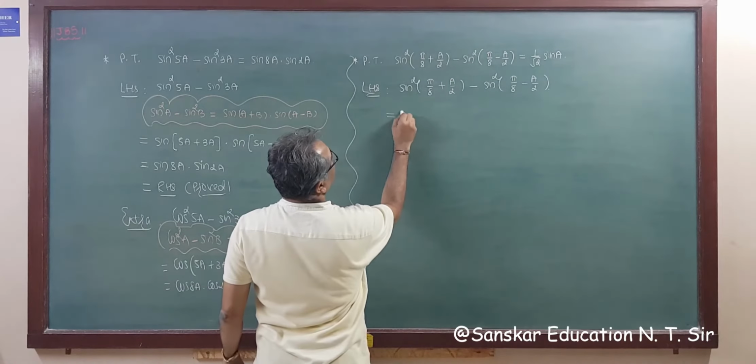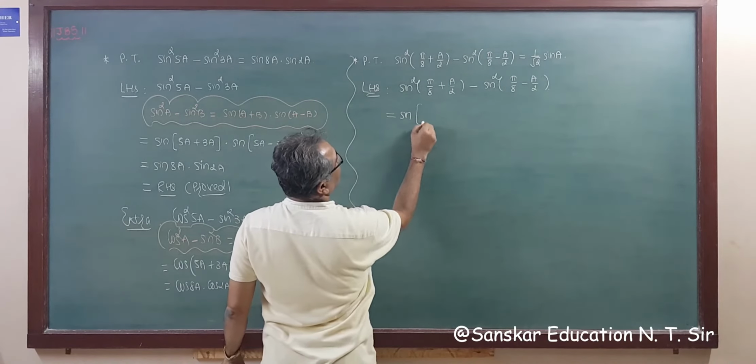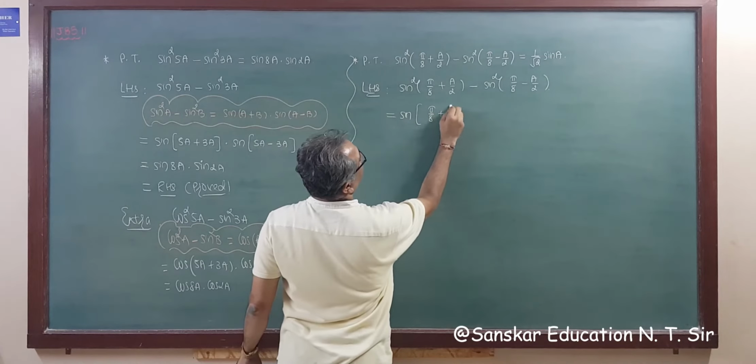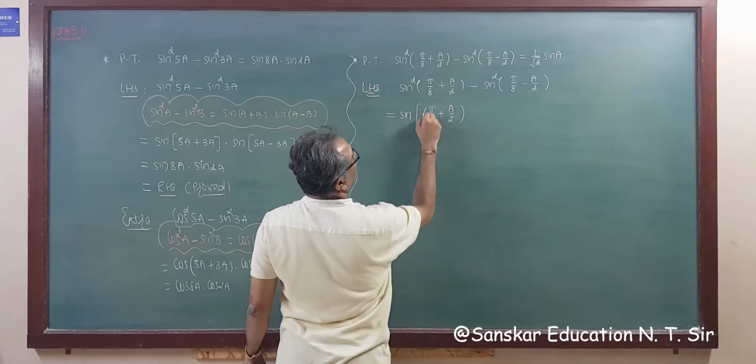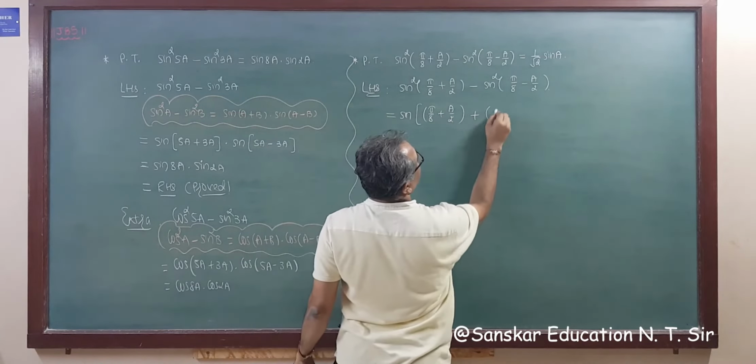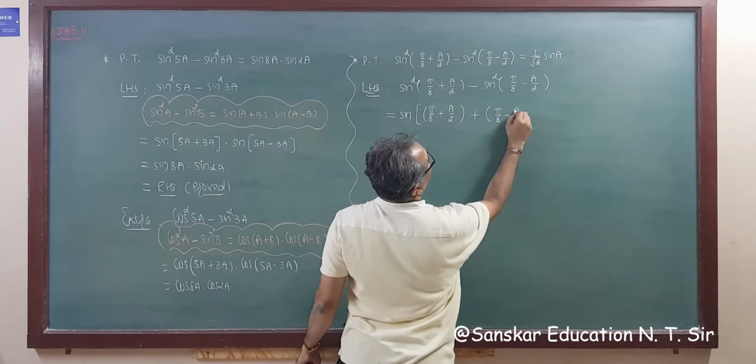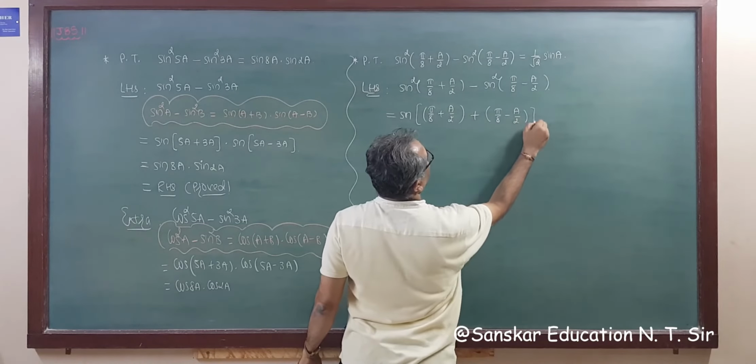So sin of A, that is pi by 8 plus A by 2, plus B, that is pi by 8 minus A by 2.